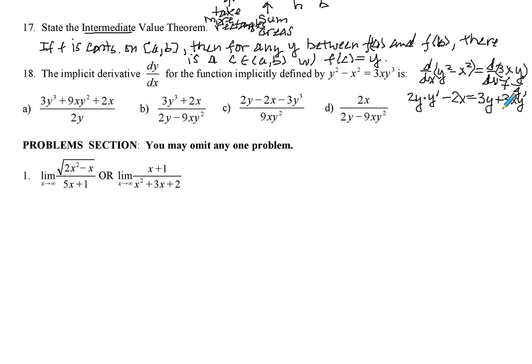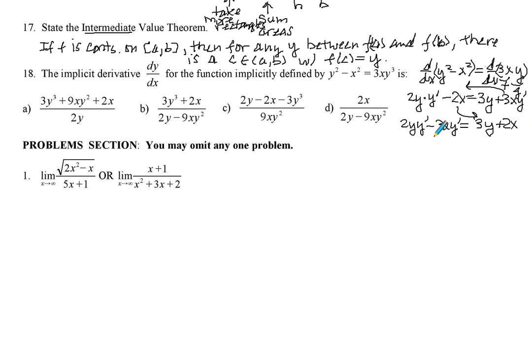Then we want to bring our y prime terms over on the left and everything else over on the right. So here we'll have 2y y prime, and this 3x y prime will come over as a negative, minus 3x y prime is going to equal 3y is over here, and bring the negative 2x over as a positive.